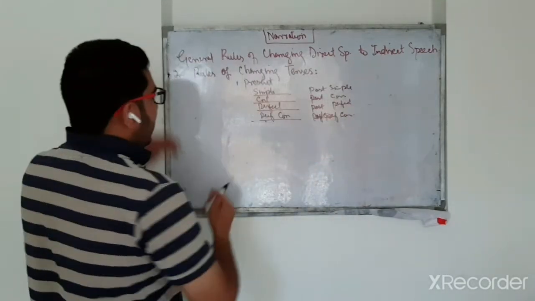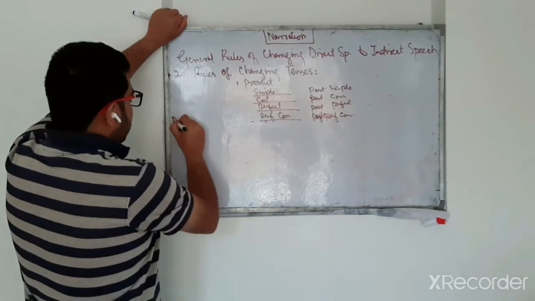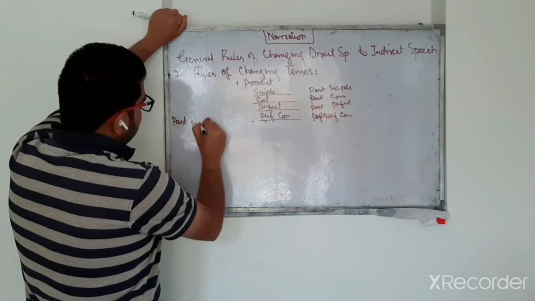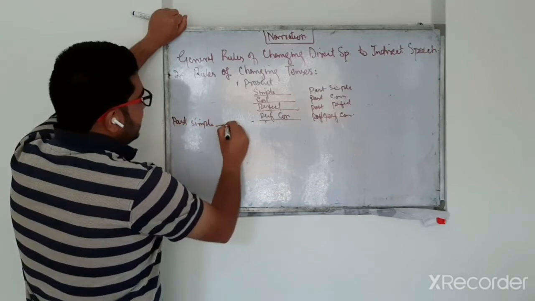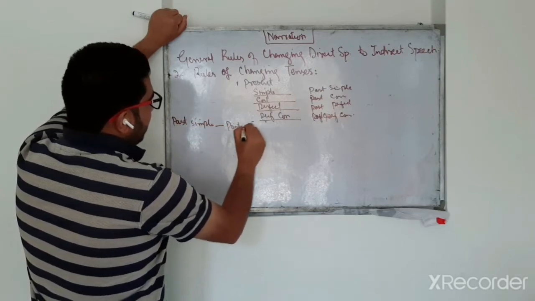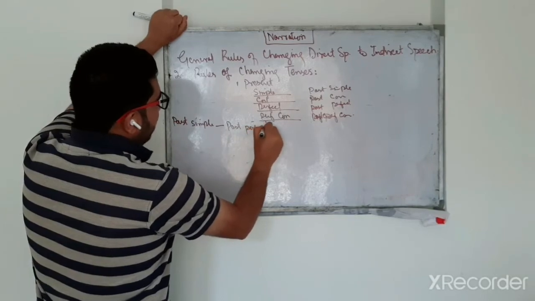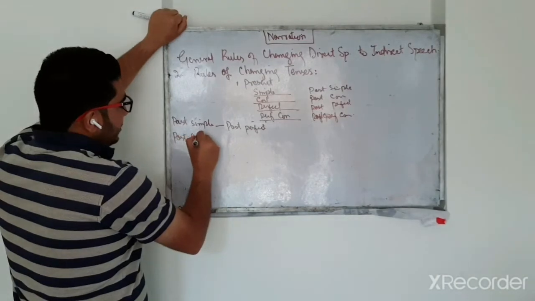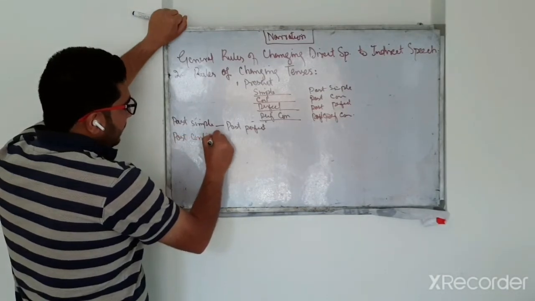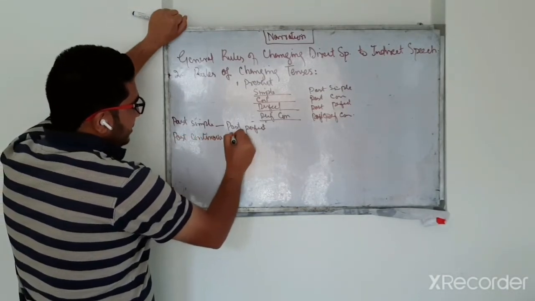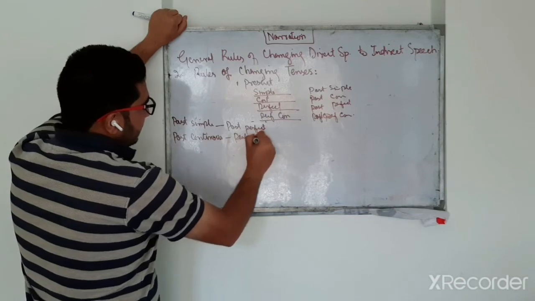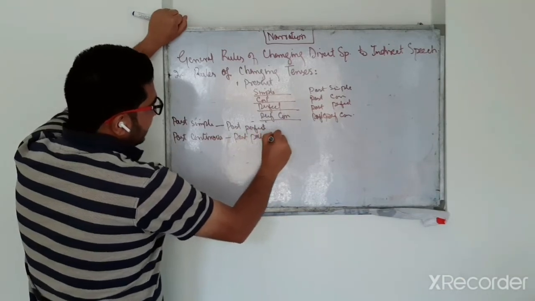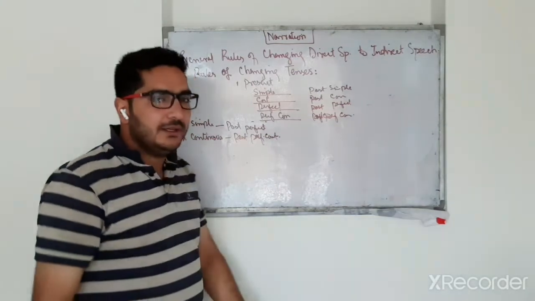As far as past tenses are concerned, past simple is changed into past perfect. Past simple becomes past perfect. Past continuous is changed into past perfect continuous.